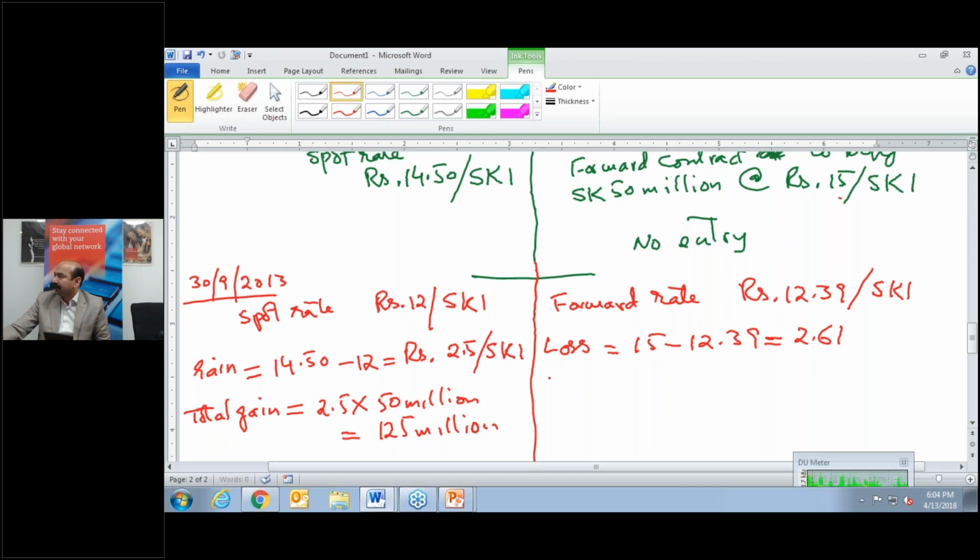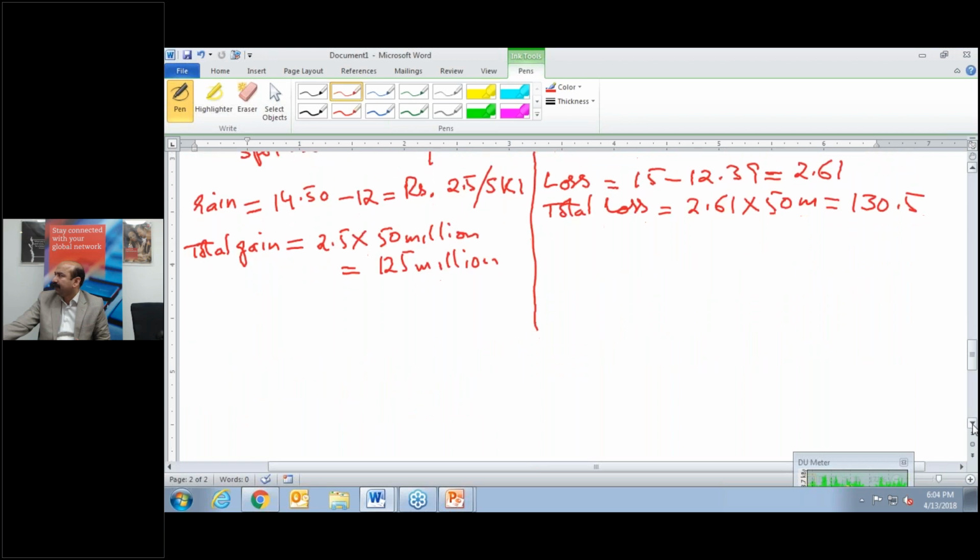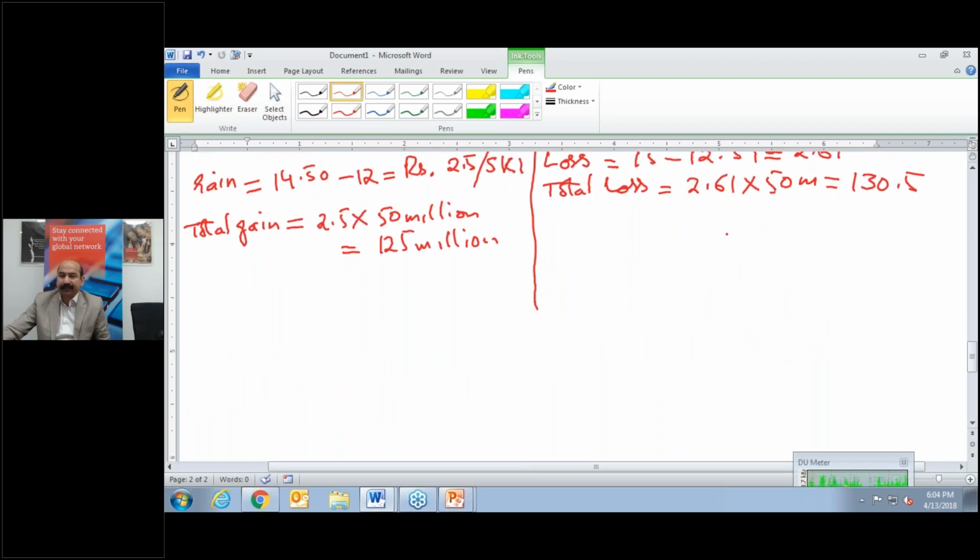And the total loss will be equal to 2.61 into 50 million. So this will give you 130.5. So this is the total loss. As we discussed earlier, we will pass entry here, no entry there.